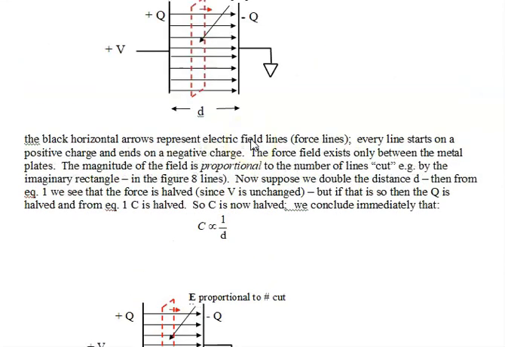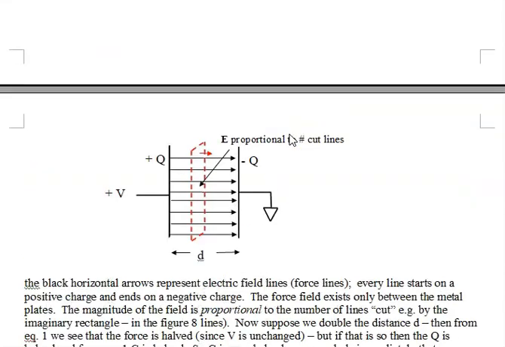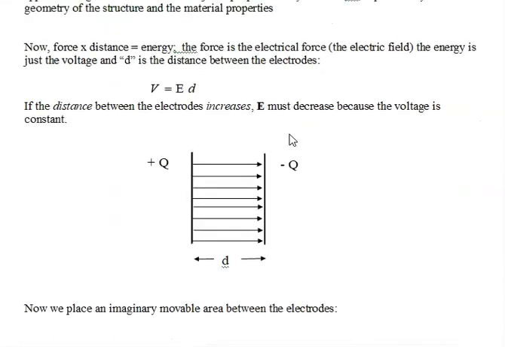Okay, so now let's take this distance and double it. Well, if the distance doubles, what happens to the electric field? D goes up by 2. The voltage is constant, so the electric field must decrease by a factor of 2.